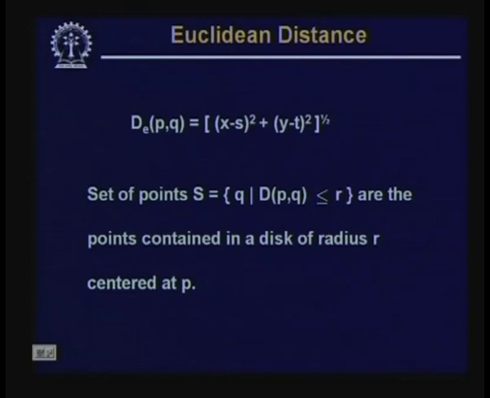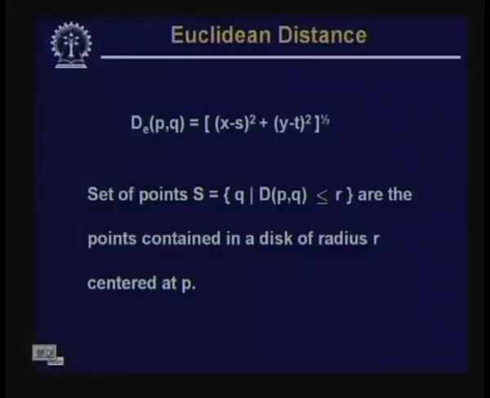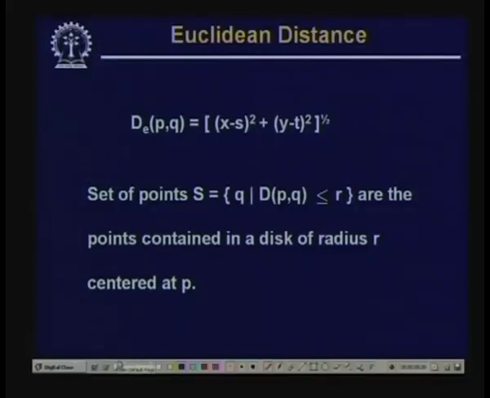The set of all these points are the points contained within a disk of radius r, where the center of the disk is located at location P. And again, this is quite obvious. You find that suppose I have a point P here and I take a point Q and I say that the distance between P and Q is r.